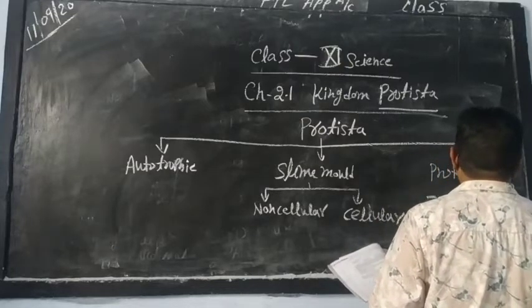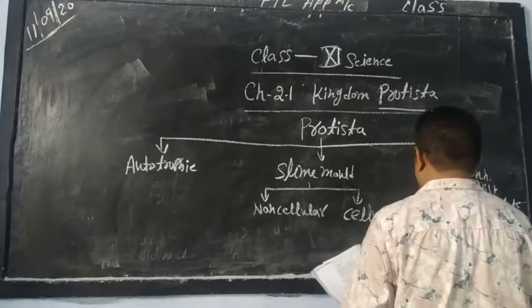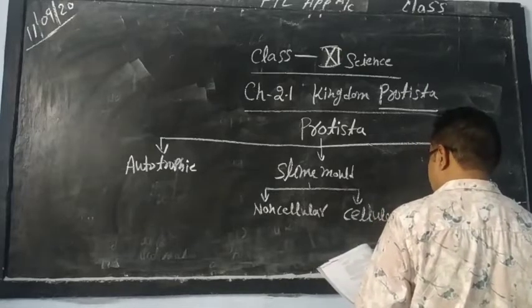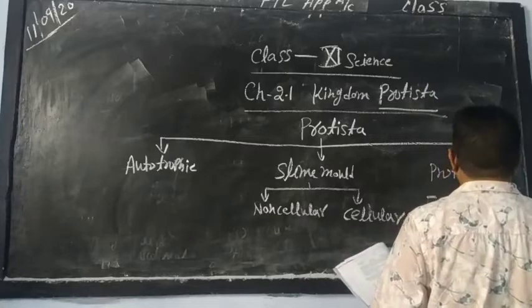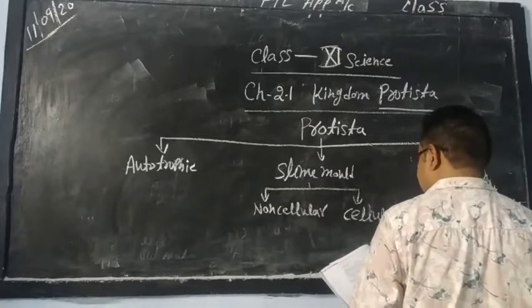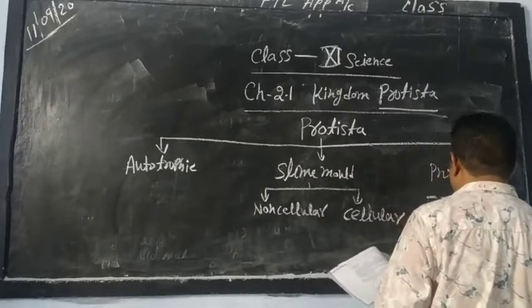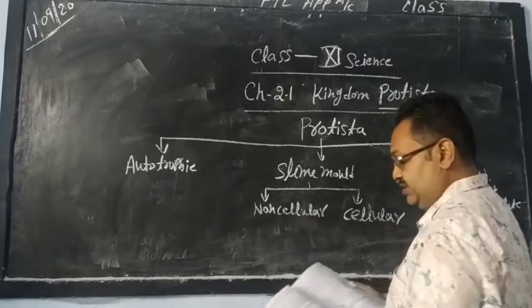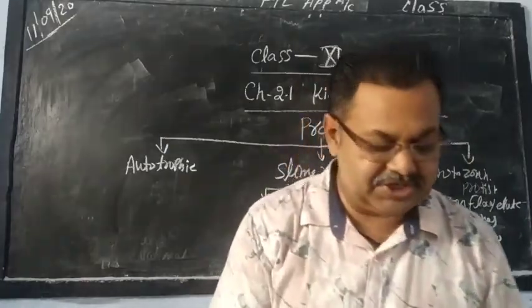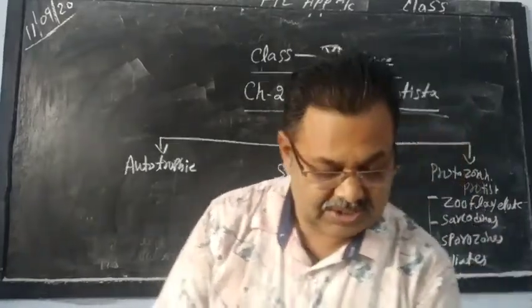Next one is sporozoans. Next one is ciliates. So this is the classification of Protista.